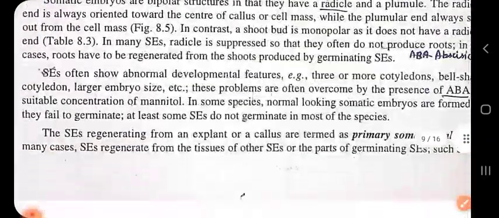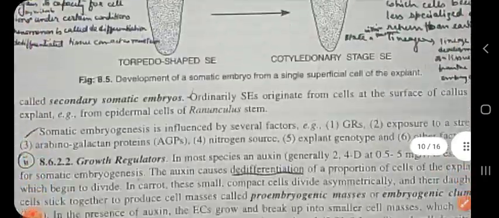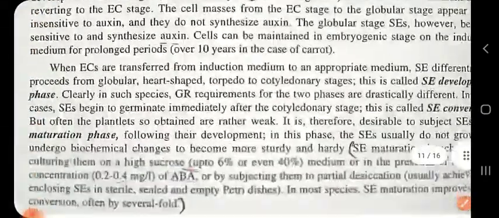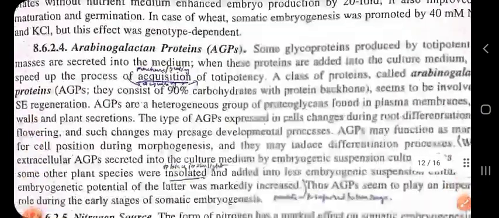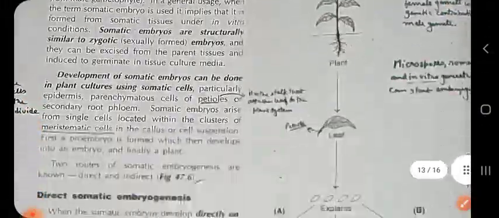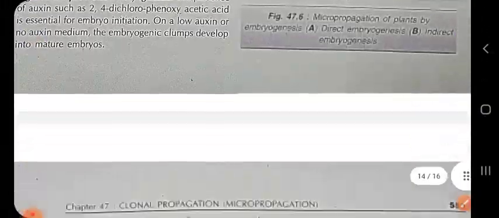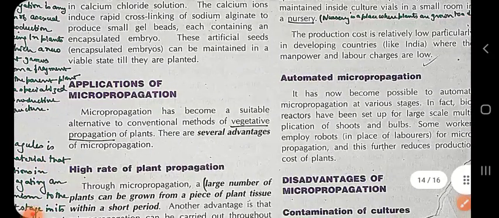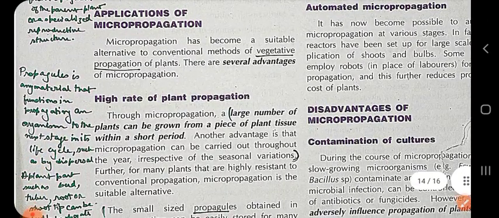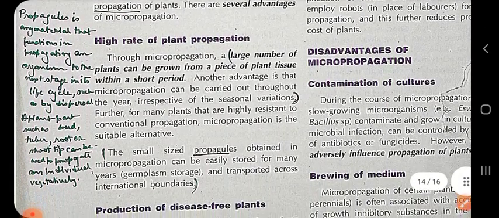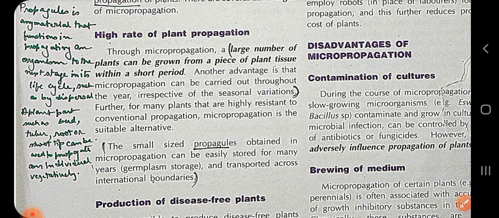Now we will talk about the advantages and disadvantages of micropropagation. I am skipping the pages now. So what are the advantages and disadvantages of micropropagation? Although we all know the advantages, first is the high rate of plant propagation.